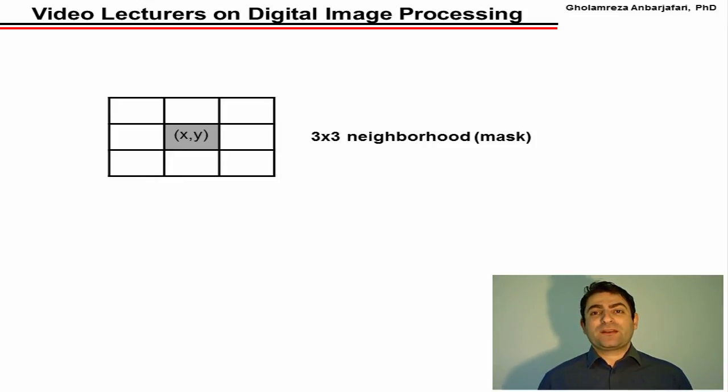The center of the rectangular subimage is moved from the top left of the image to the bottom right, and we visit all the pixels, and it will do whatever the duty of the mask is. So G(X, Y) is calculated, and the output image is formed as each pixel is processed.